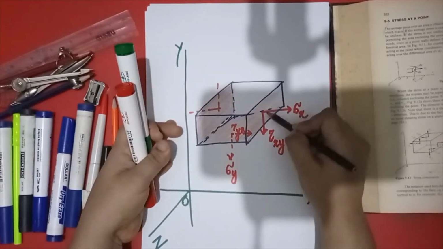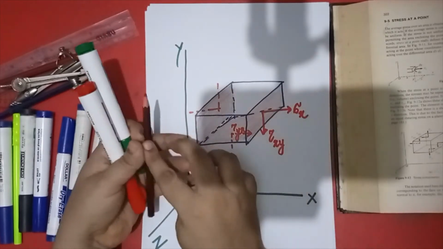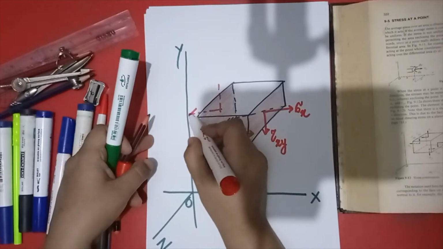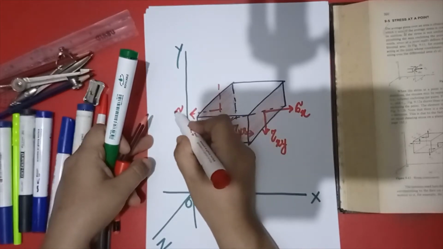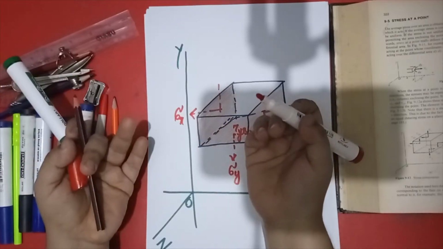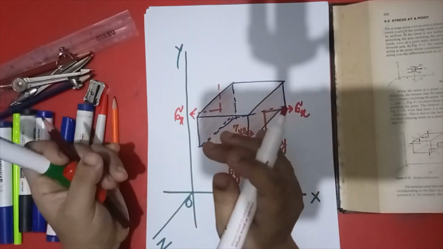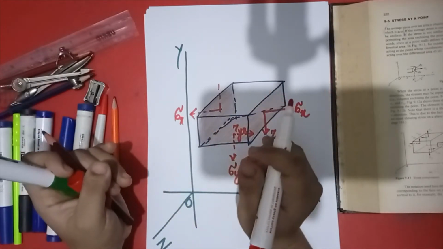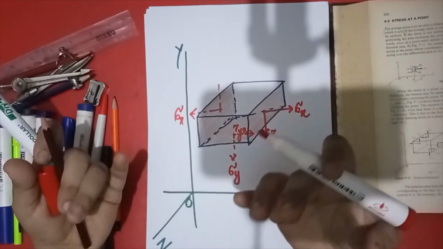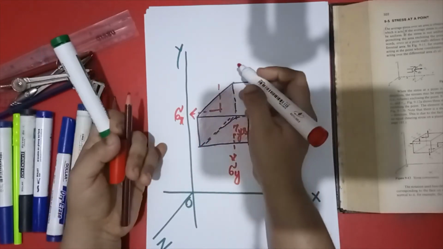Now this is sigma x, because it is parallel to x. These are only variables, you can write down whatever subscript you like, but the Mohr circle was developed by Mohr, so I am telling you what he took.